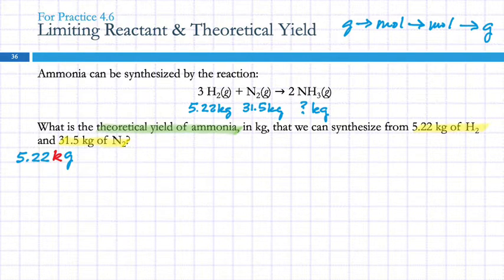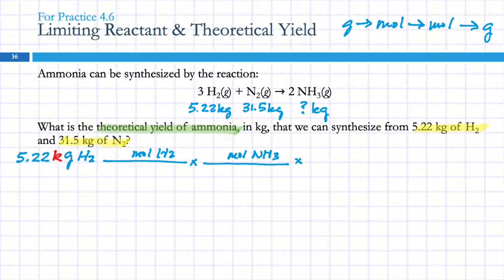So that is kilograms of H2, to moles of H2, to moles of NH3, to grams of NH3. So we take those previous units, and we bring them down.